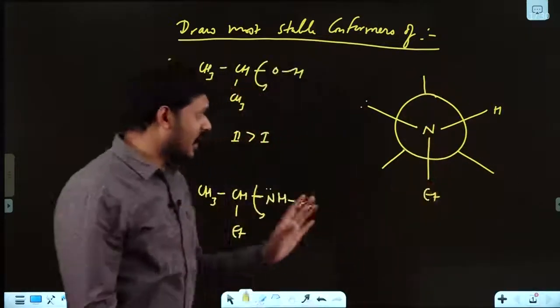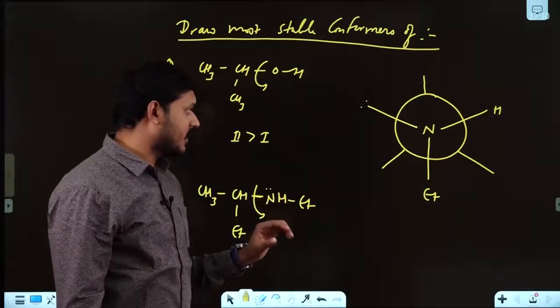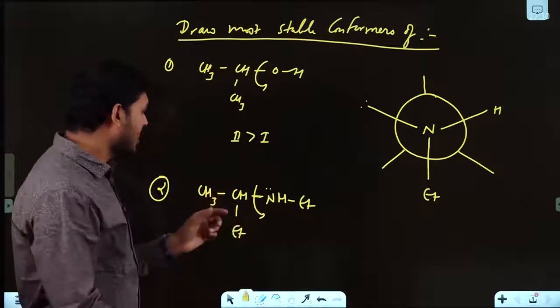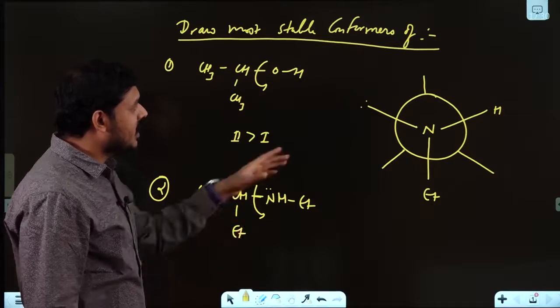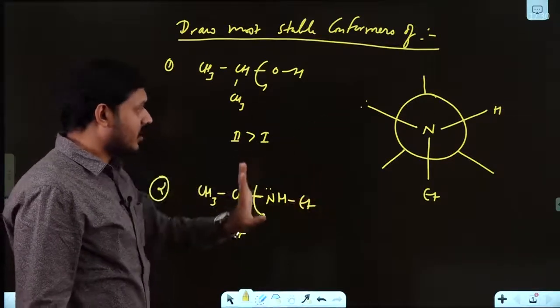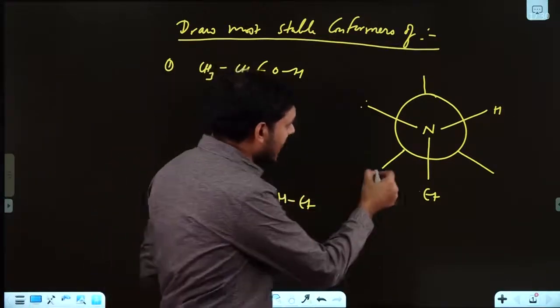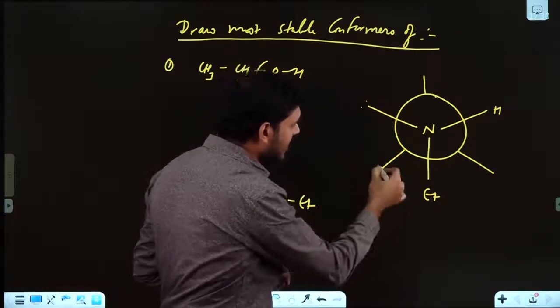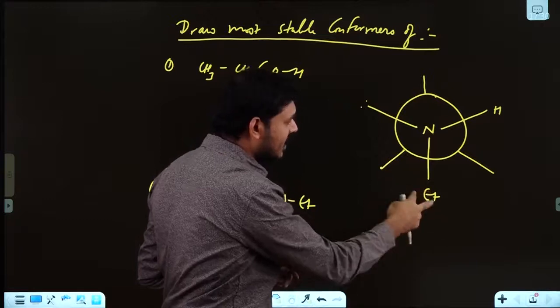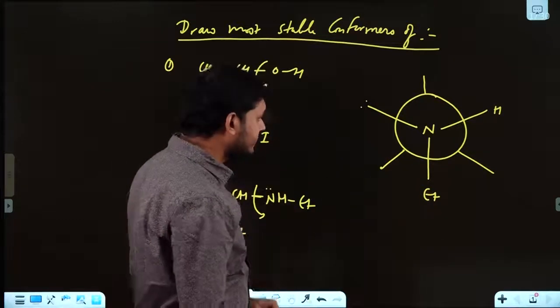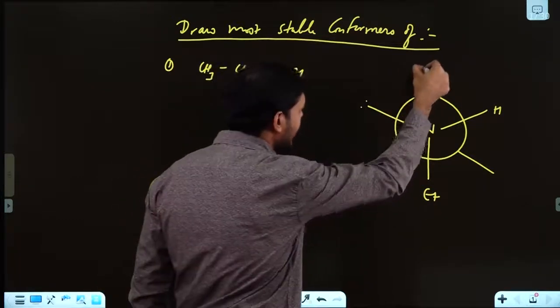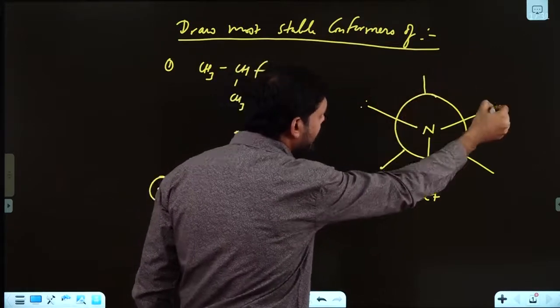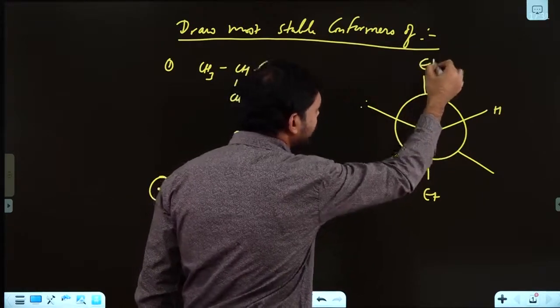Now you have to think which is the most stable case. As we know from the gauche effect, the bulkiest group must be gauche to the lone pair. If I place this ethyl here, lone pair and ethyl, that is okay, but here also ethyl, so this has maximum strain. Now if I place ethyl here, then lone pair and ethyl and hydrogen, so that is okay. So let's place ethyl here.